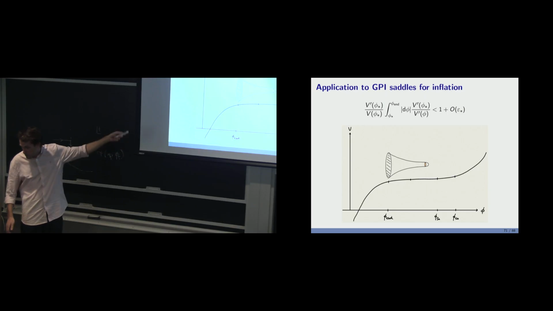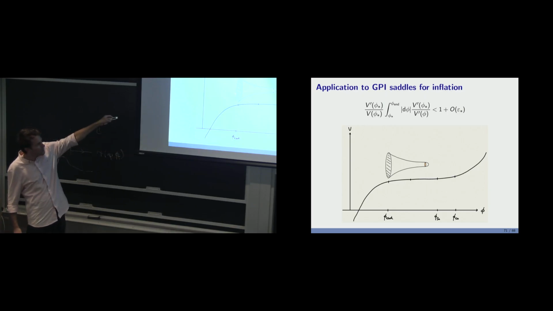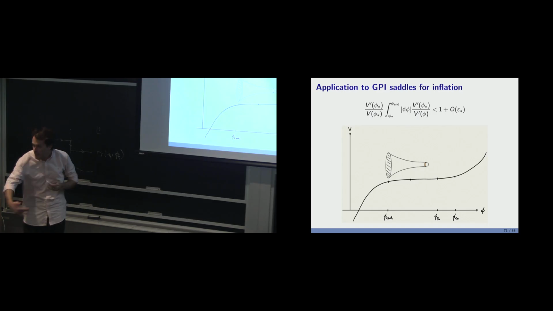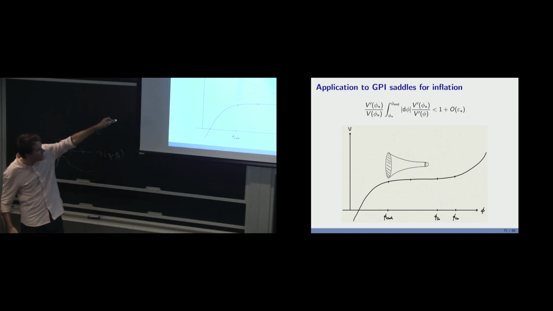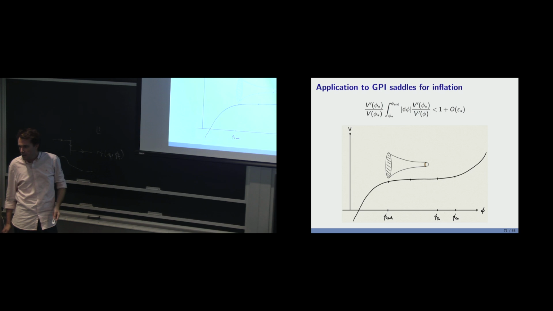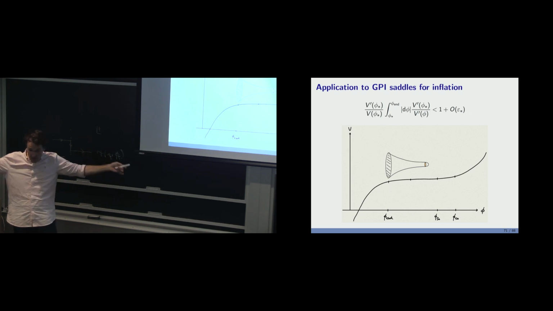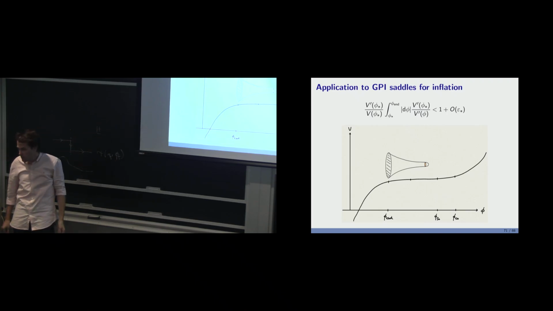That boundary value has a unique solution to the equation of motion. So phi star depends on the number of e-folds, on the size that you put on your final boundary.